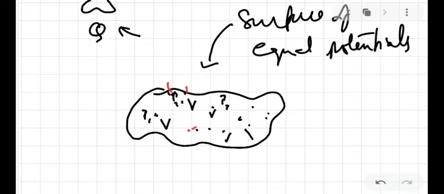So at any point on this entire surface, the value of potential will be V. So this surface represents an equipotential surface. It is made up of those points where the value of potential is V.